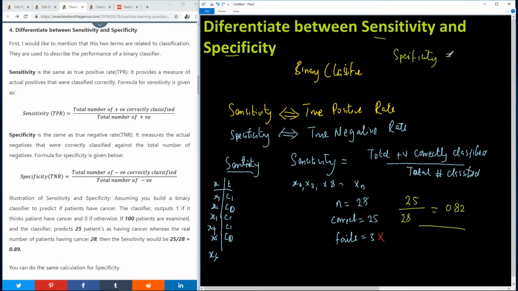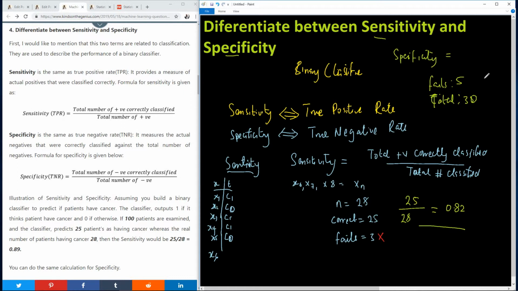In this case, if it classifies, let's say, 30 items and correctly classifies 25 negative items, meaning that you count the number of C0 and divide it by total number classified. So in this case, it classified 30 items in total, and it fails in classifying 5.